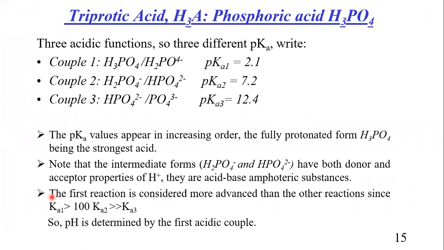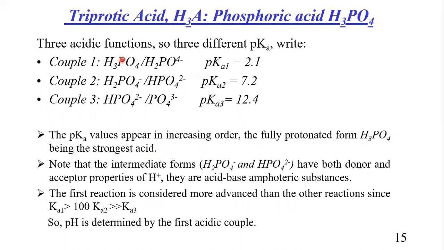Here's the exact pKa values of H3PO4 with the couple. There's a mistake here. Okay, so let's take a look here. Here's the pKa values. pKa values appear in increasing order, the fully protonated H3PO4 being the strongest acid.